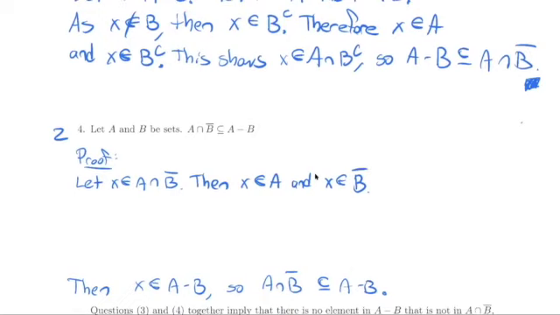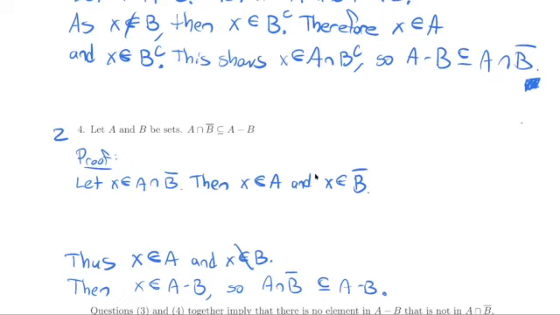And so if I want to show that X is in A minus B, if you're thinking about it this way, what would the second to last line need to be here? We would want to show that X is in A and X is not in B. That by definition is what it means to be in A minus B. And I think that's it, right?